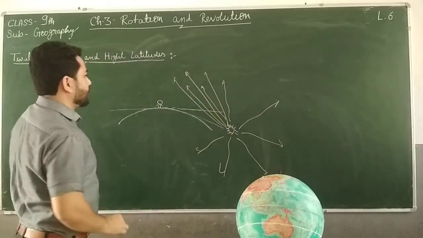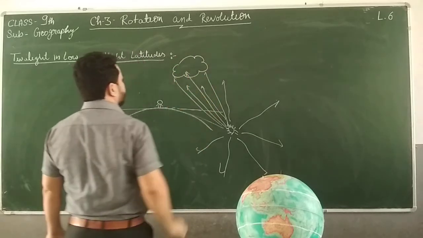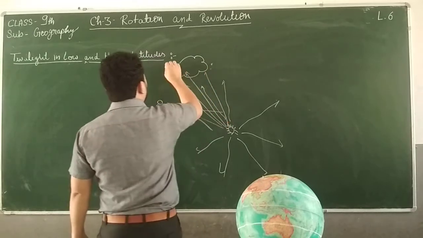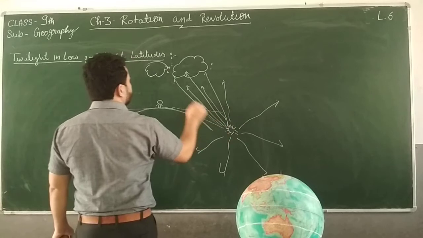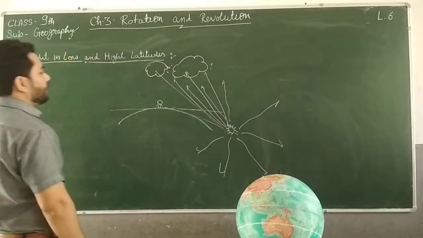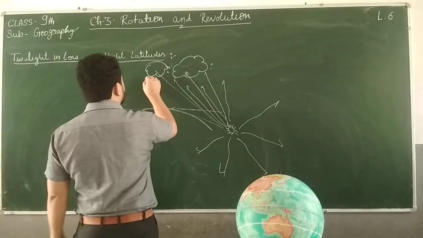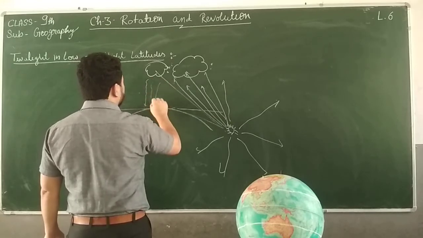Now the clouds in the atmosphere and the dust particles all over get this light, and the light is reflected or refracted, scattered, and we receive here very dim and diffused light.